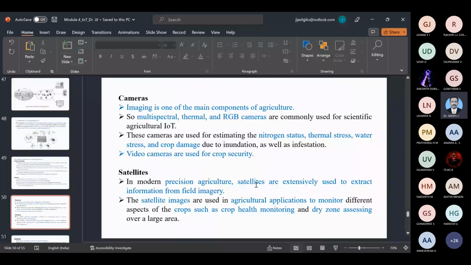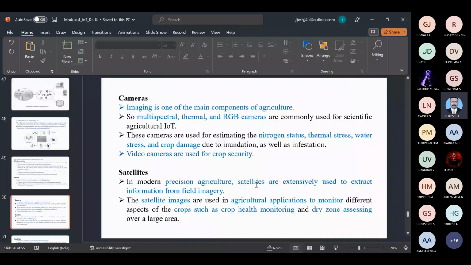All those things can be monitored with the help of satellites, and they come to know whether any cyclones or other calamities are going to happen, which can be intimated to the farmers well ahead of time. So those things are used to extract the information. Also, whatever information is there in the farm field can be extracted, and it can be appropriately utilized for further processes. Then satellite images can be used for agricultural applications and monitoring.